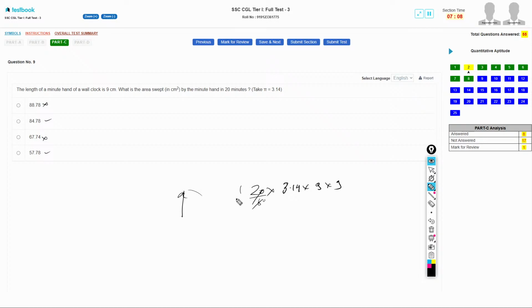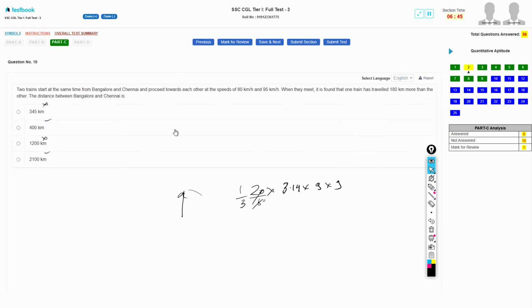So 1/3. So 99 semi. In 20 minutes, definitely 1/3 of that circle. So close to 80, just above 80.